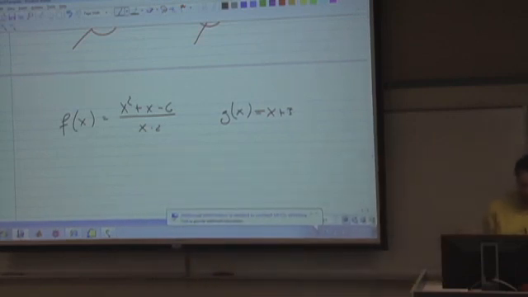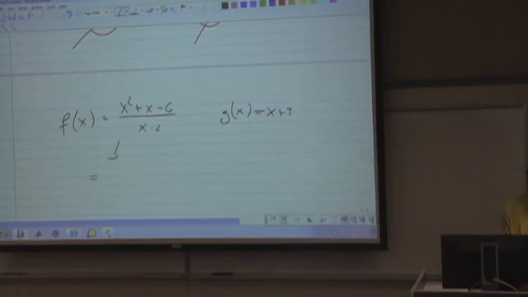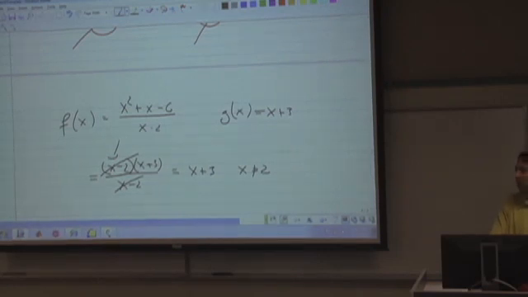And the way I usually wrote it was that this is equal to (x minus 2) times (x plus 3) divided by (x minus 2). And now you can cross out the x minus 2's with the understanding that x cannot equal 2. You can't cross out the zeros, so you have to make sure that that's taken out of the equation. And so part B, pretty much every single person in the class got right.